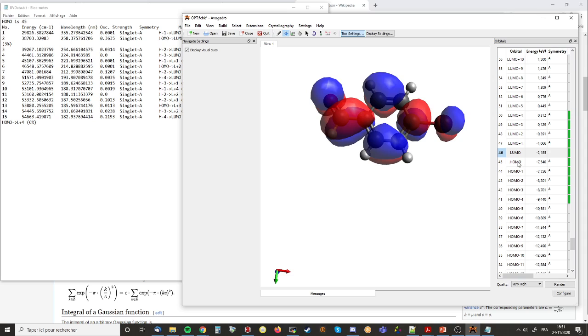So the property of the LUMO is an electron in a p overlap with some bonding and anti-bonding depending on the atom pair.